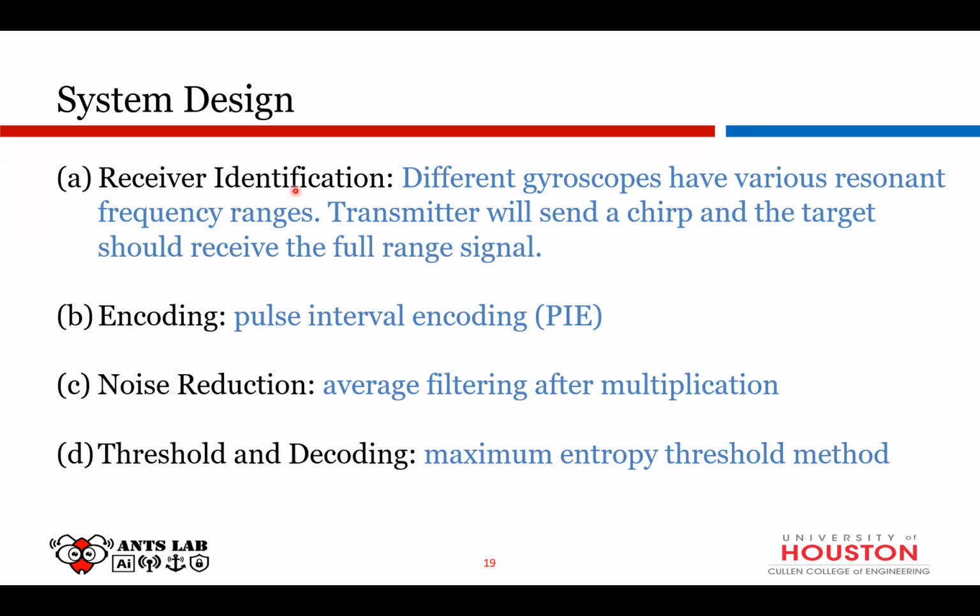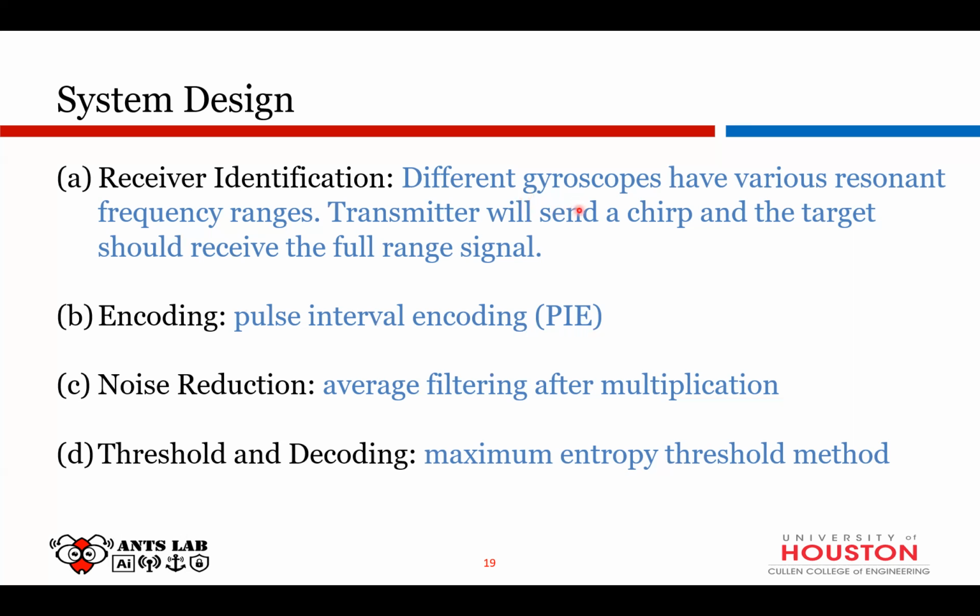For example, the receiver identification is based on the fact that different gyroscopes have various resonant ranges, so it works like a fingerprint. For all the receivers, because they have 3 axis springs, if one spring's resonant frequency overlaps with another spring's, we can use that for communication.